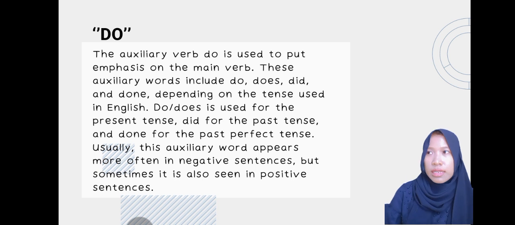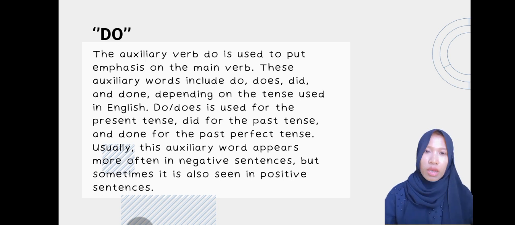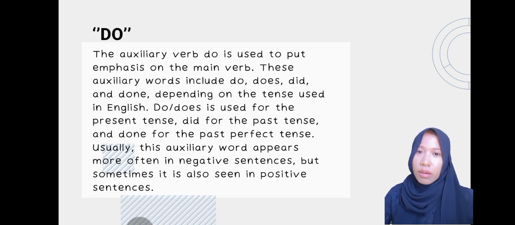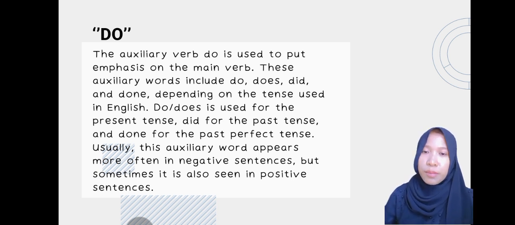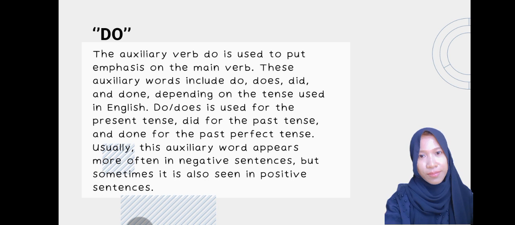Do or does is used for the present tense, did for the past tense, and done for the past perfect tense. Usually, these auxiliary words appear more often in negative sentences, but sometimes they're also seen in positive sentences.